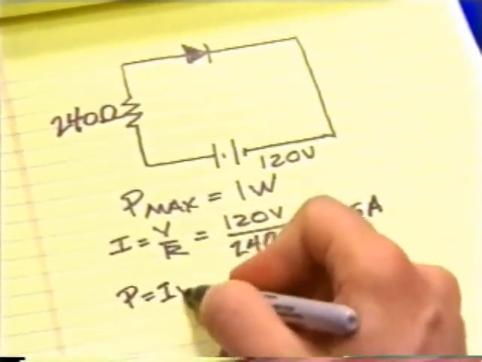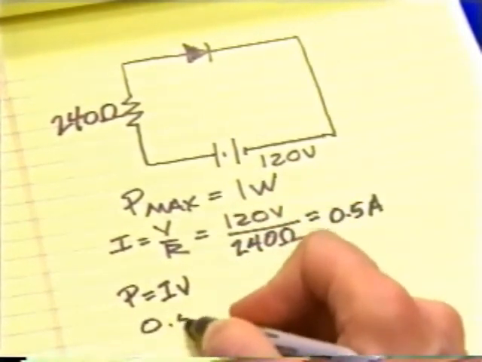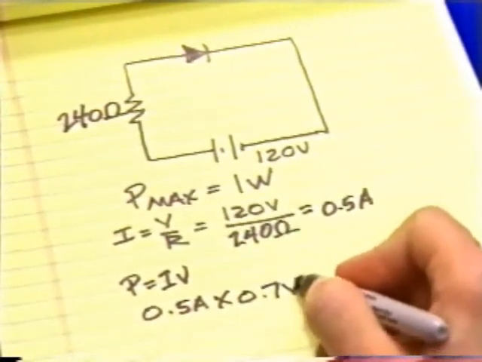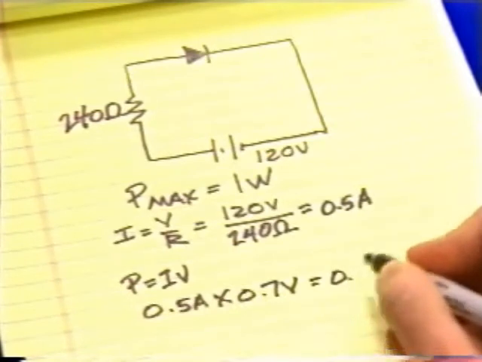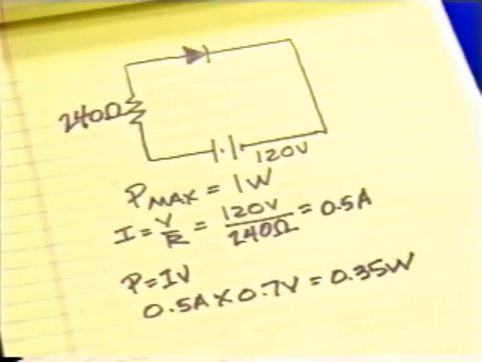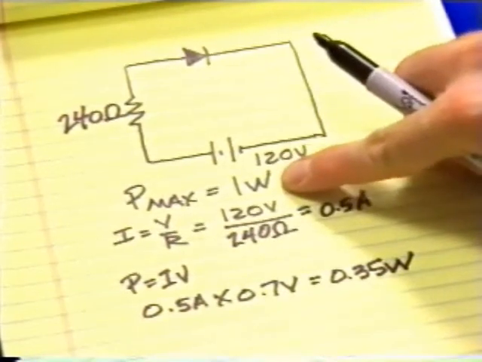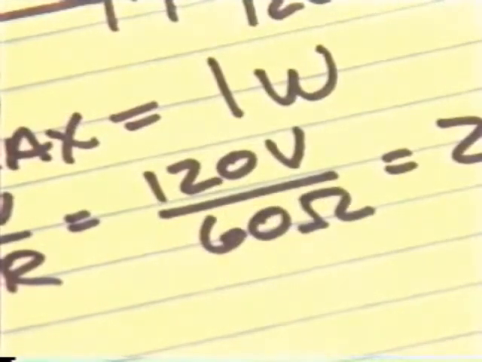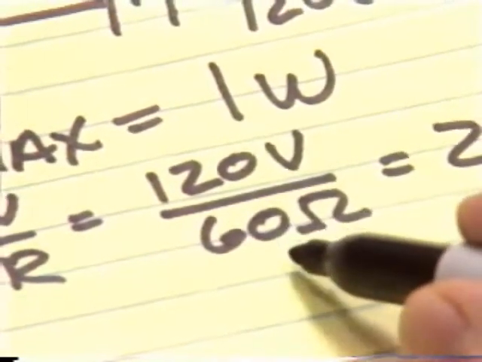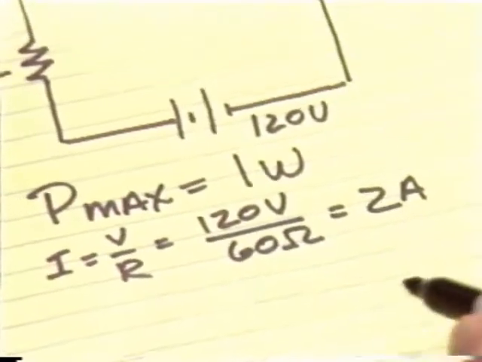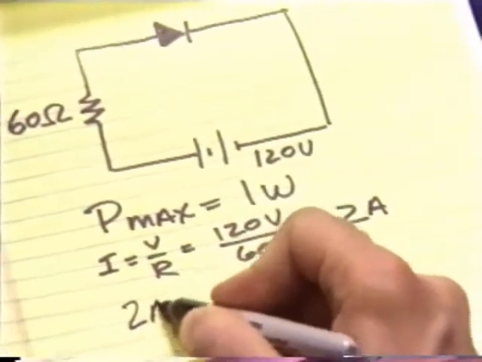Now, using the power formula, 0.5 amps times the voltage across the diode, 0.7 volts, equals 0.35 watts, which is less than 1 watt. This circuit is okay. But now R equals 60 ohms, with the power maximum still equal to 1 watt. Multiply 2 amps times the diode voltage.